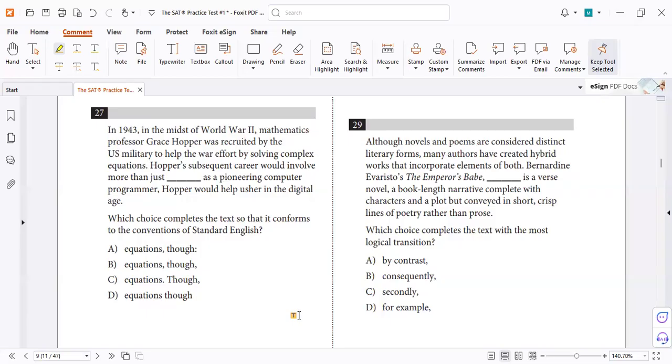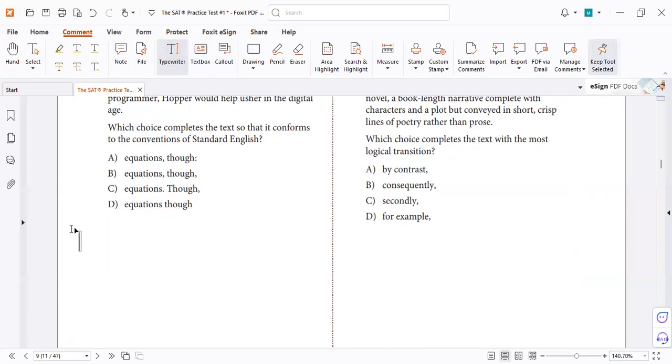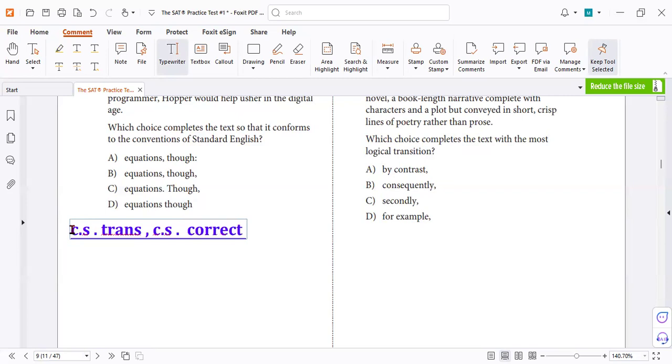Now you can write by your hand like that. Complete sentence. Full stop. And then transition word. And then comma and then complete sentence. Full stop. That is correct. This is the first rule.